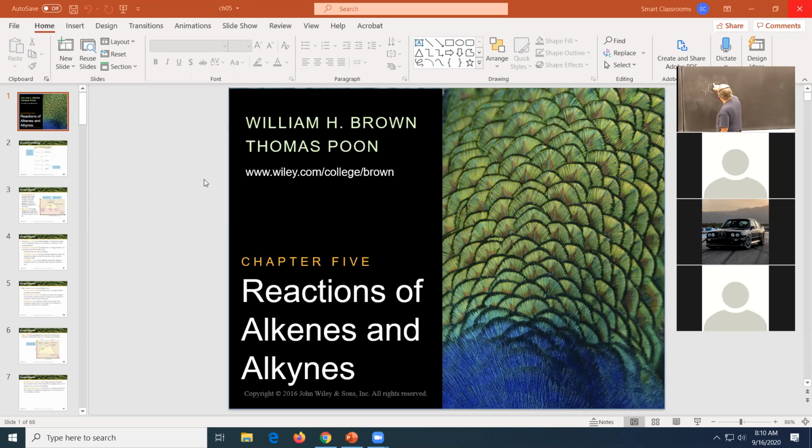And 1, 2, 3, 4, 5. We go this way. 1, 2, 3, 4. Okay, so this is 4. And what's this group here? Isopropyl. Yeah, 4-isopropyl cyclohexene. Okay, you can say 1-cyclohexene, but you don't have to.